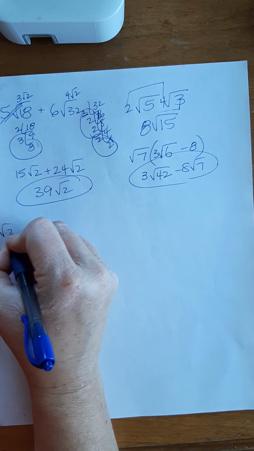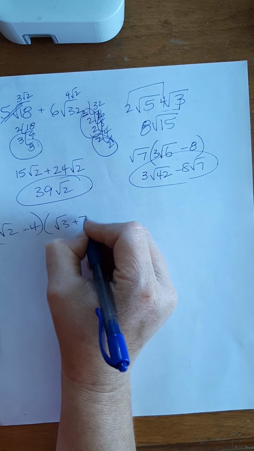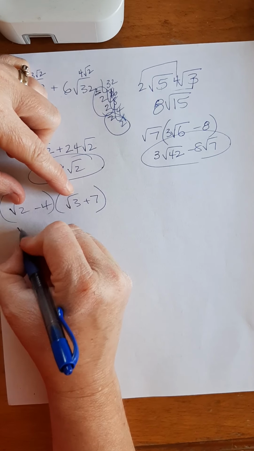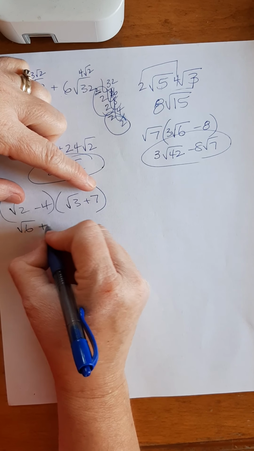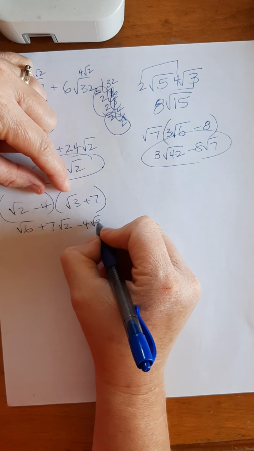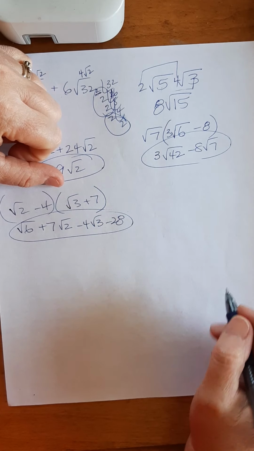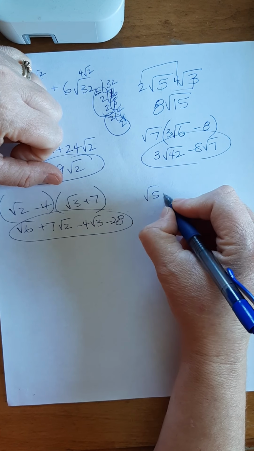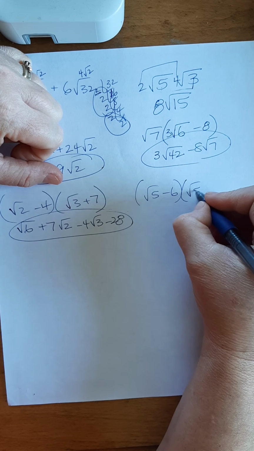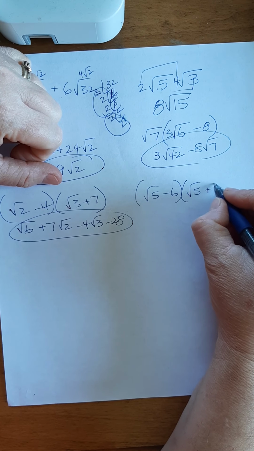You can even FOIL. Notice how square root of 6 plus 7 square root of 2 minus 4 square root of 3 minus 28. There's nothing you can do with it. But let's say square root of 5 minus 6, square root of 5 plus 9.